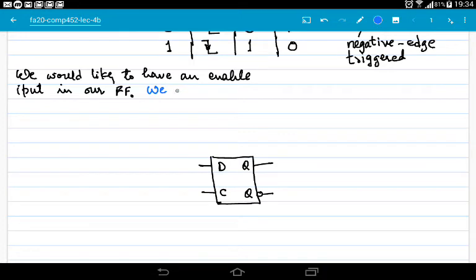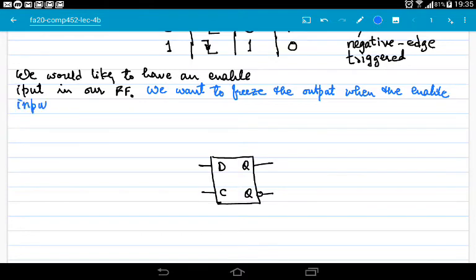We want to freeze the output when the enable input is 0.